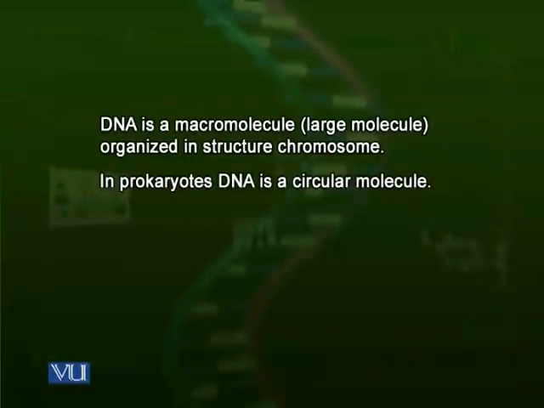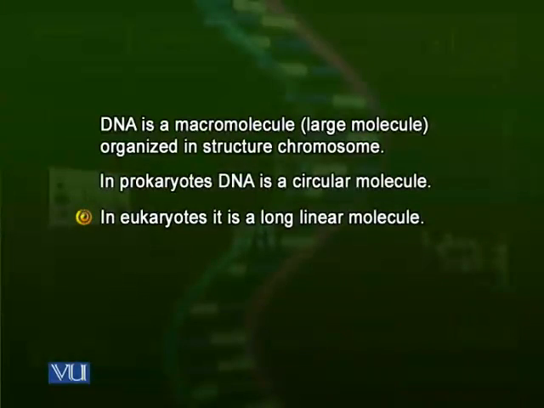In the prokaryotic cells, DNA exists as a circular molecule. This is still a chromosome, because it is associated with different types of proteins. These proteins are sometimes different from the proteins present in the eukaryotic chromosome, but some proteins are similar to those of eukaryotic chromosomes.